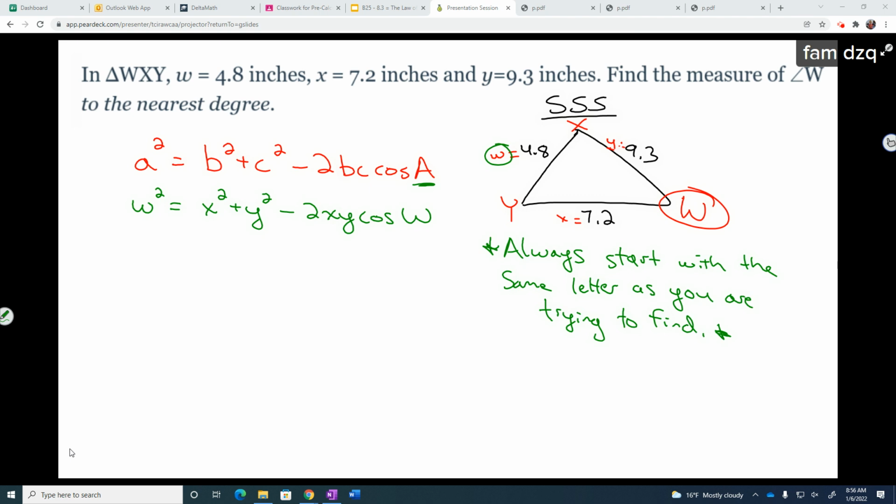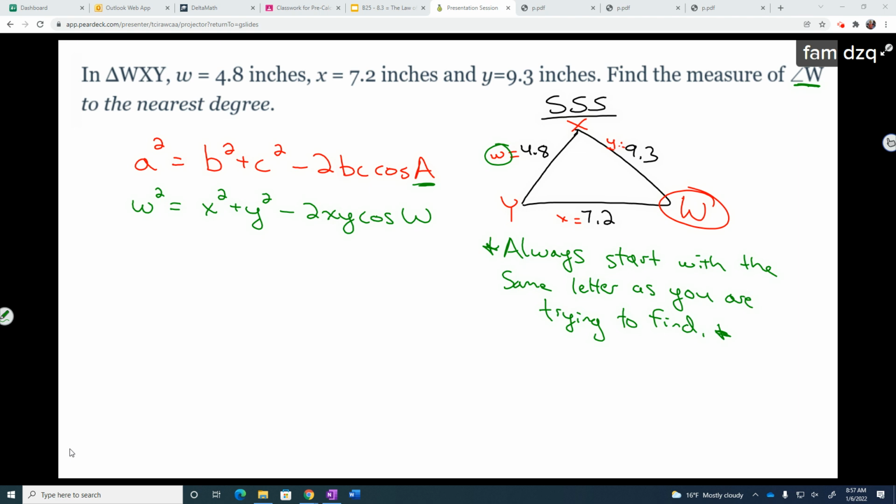Does that make sense? Yeah. We're asked to find big W, so we know the first thing that we're going to start with is little w. Because the first and the last always match up. If we start with little x, then, well, we're going to have big X in the formula. It's not going to work.